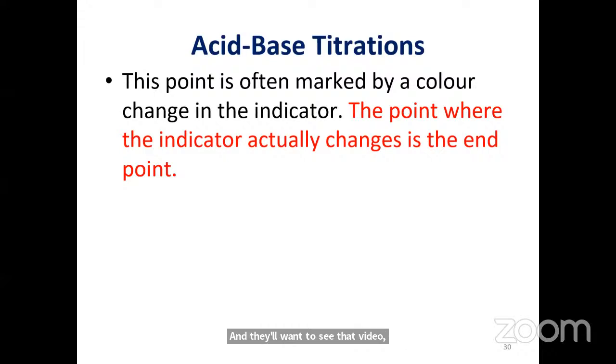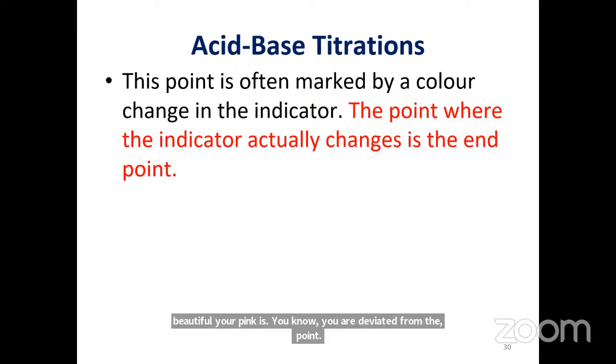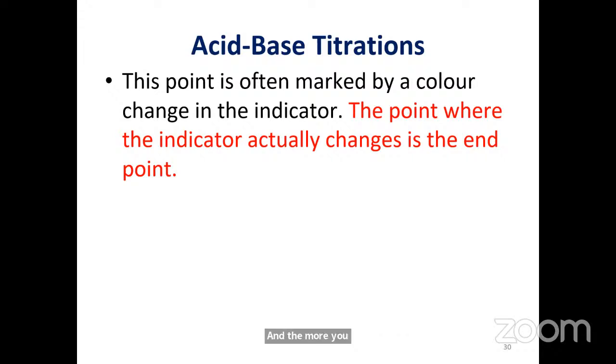The more beautiful your pink is, the more you have deviated from the equivalence point, and the more you have deviated from the answer, and the more you'll be tending towards getting zero. So I normally tell students, once you see that immediate color change, that is where you are supposed to stop.